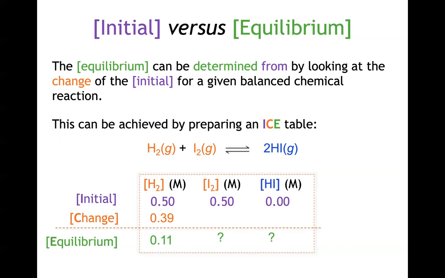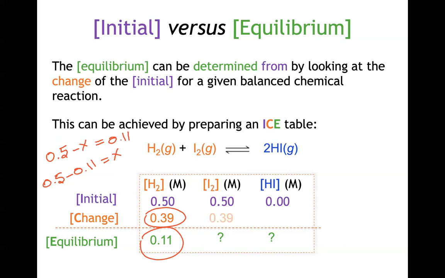So we basically can solve for it, which is what I'm showing you here. We know that it's going to be 0.5 minus X, but we're told it's 0.11. So 0.5 minus 0.11 is equal to X. So then X is 0.39.